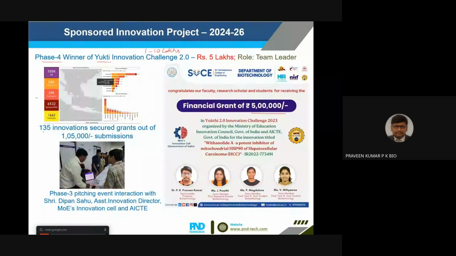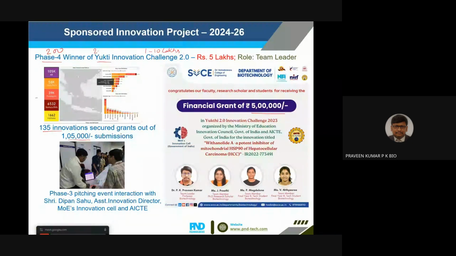Only 135 innovations secured such grants out of 1 lakh 5,000 submissions. From phase 3 to phase 4, around 200 Smart India Hackathon winners merged along with us to compete.